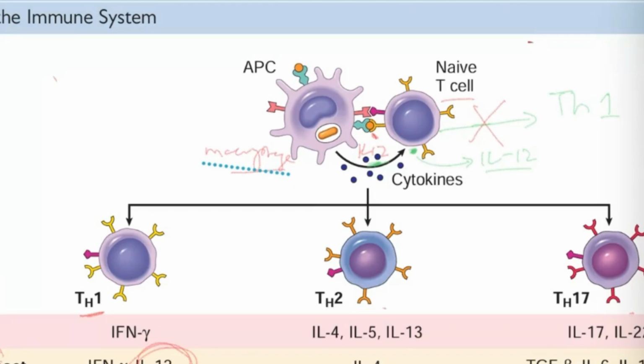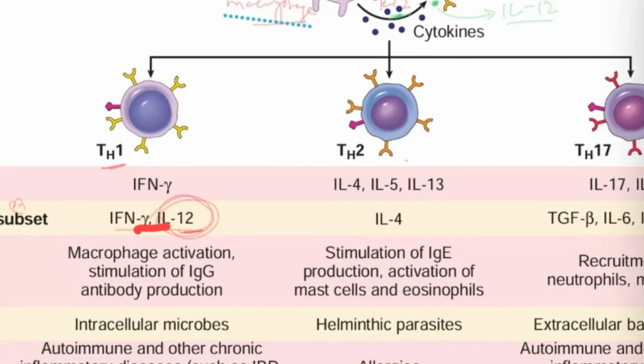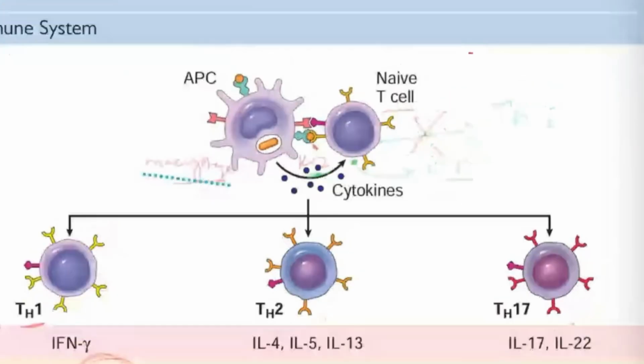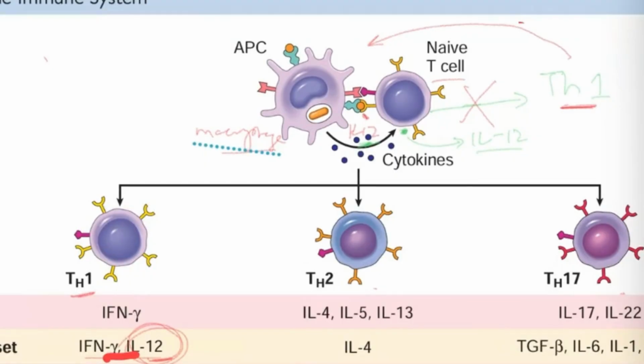It will never get activated to become a Th1 cell, and so it will never produce the interferon gamma needed to activate this macrophage in order to destroy this pathogen that it has swallowed up.